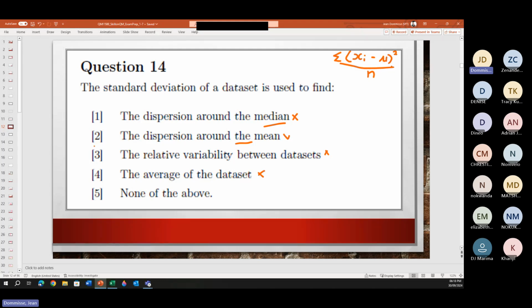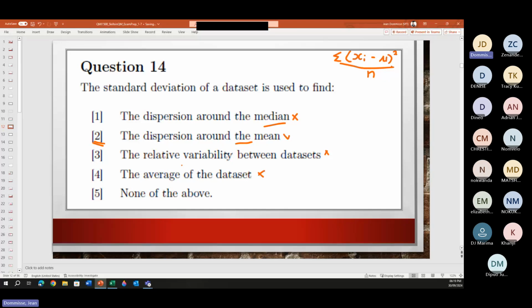So then it is the only one, the dispersion around the mean, which is the correct one that we are looking for in this instance. Okay, so that nearly is a few questions around the data component that you guys need to know.